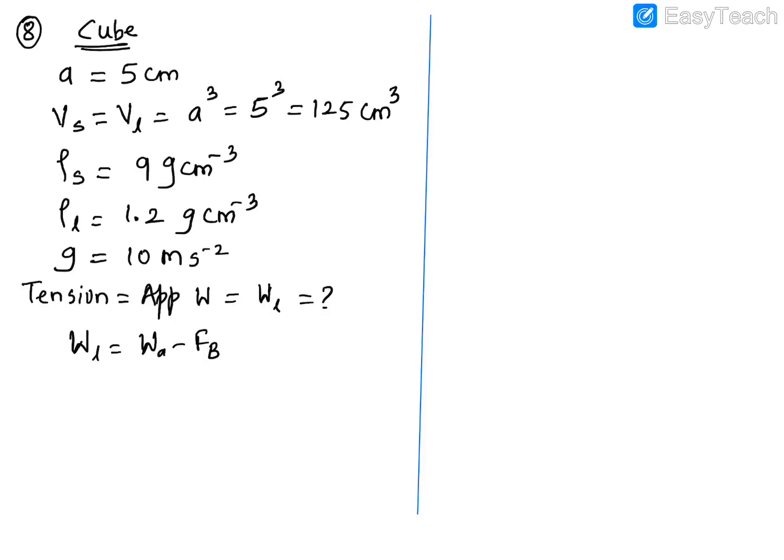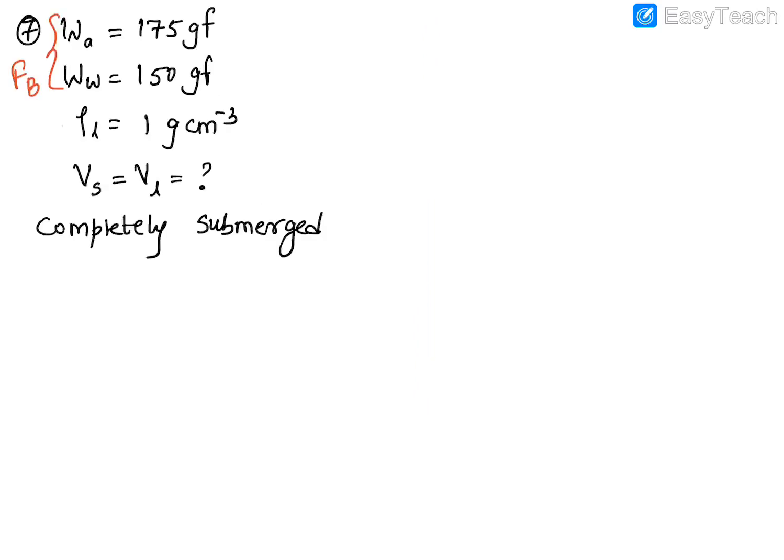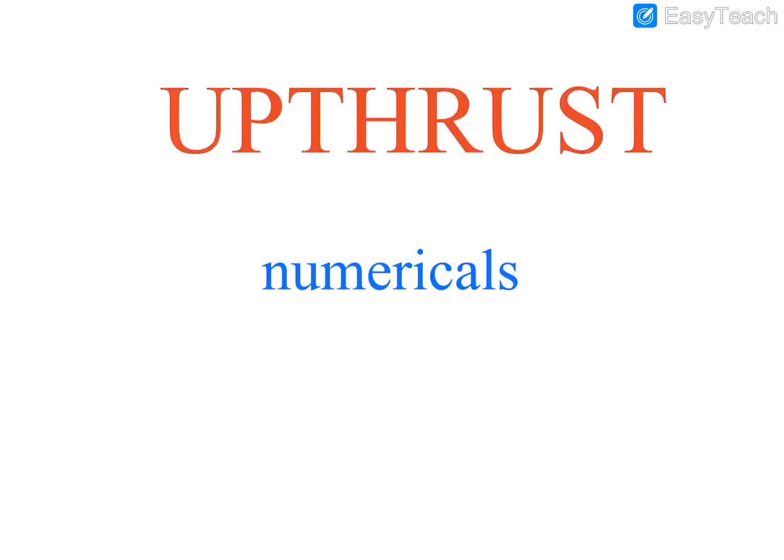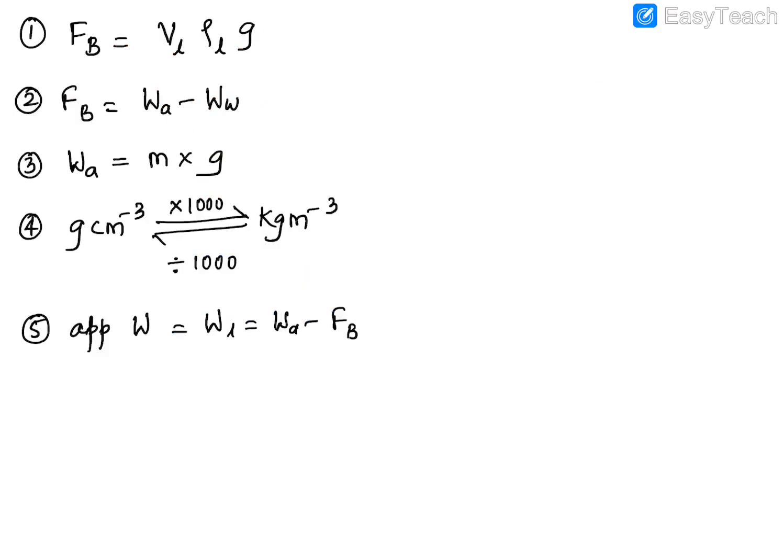Now one more thing, if you again check our formula list, here we had written weight in air equal to mass into gravity, right? Formula number 3. Just one more formula. What is density equal to? Mass upon volume. So what is the mass equal to? Volume into density.